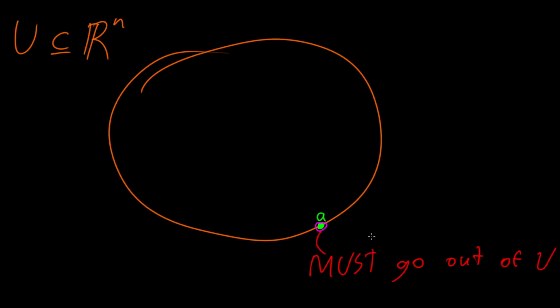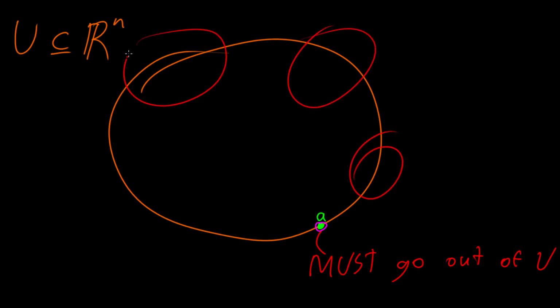So if the set contains any part of its boundary, any part at all, then I could put my A there and say, aha, now you can't make a ball that stays inside of the set. So if it owns any part of its boundary, then it is not open. But it's also not closed.